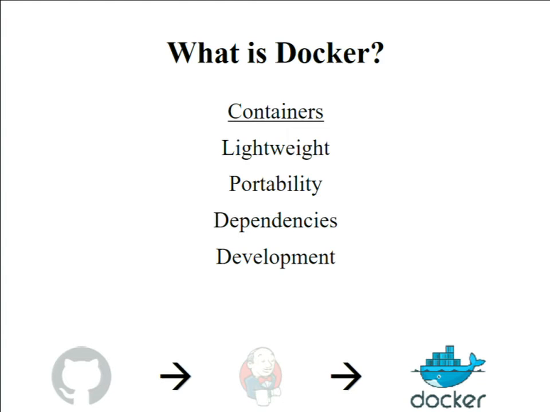So, dependencies. Docker really helps with this, and dependencies and development kind of go hand in hand. A really good story for Docker is onboarding a new developer. Normally they have to get their laptop, and for us, they would need to install Node, the correct version of it, the right version of NPM, make sure everything's in the right path, and make sure all their other dependencies are in order.